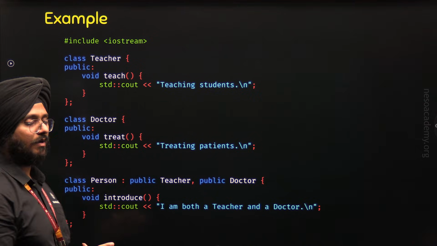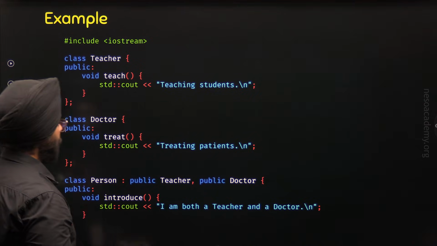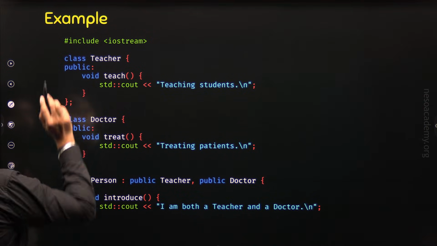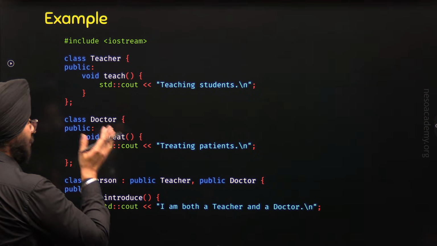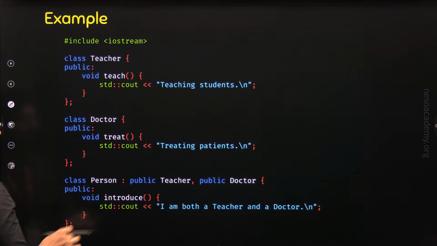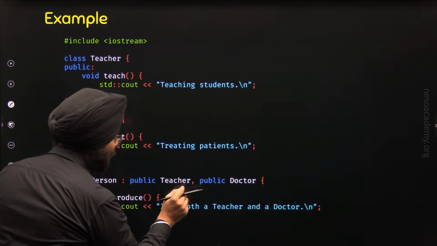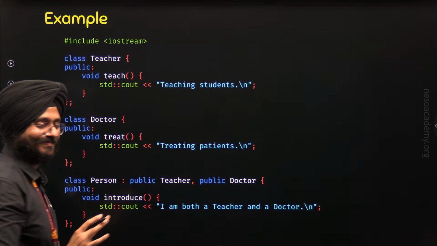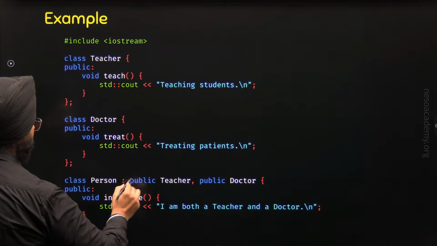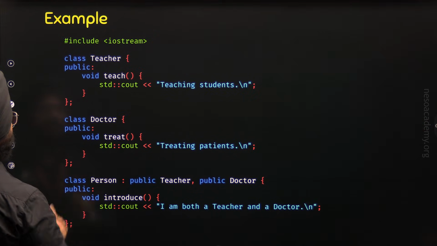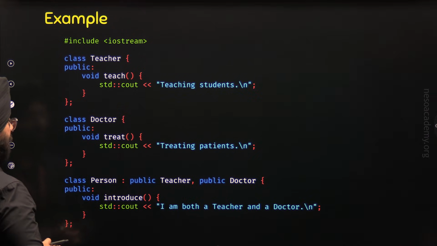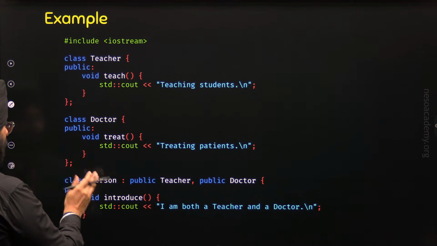Here we have multiple inheritance because the derived class is inheriting from more than one base class. It has more than one parent. Now, in other words, we can say person is both the teacher and the doctor. Here we can also observe we have public inheritance for both these classes. This means these two public member functions will be treated as public in this class also.